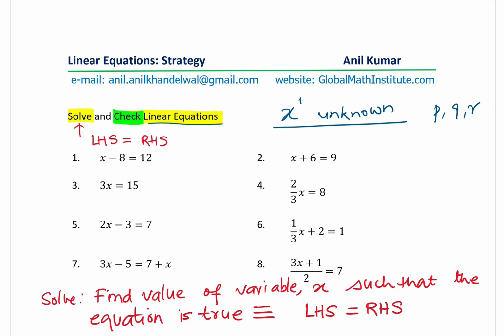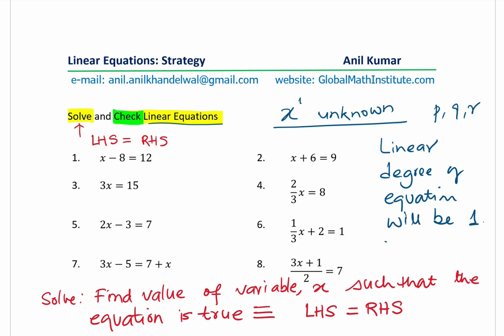So linear will mean that the degree of equation will be 1. Correct? So when I say 1, it means we'll just write it x. X, anything to the power of 1 is x, right?